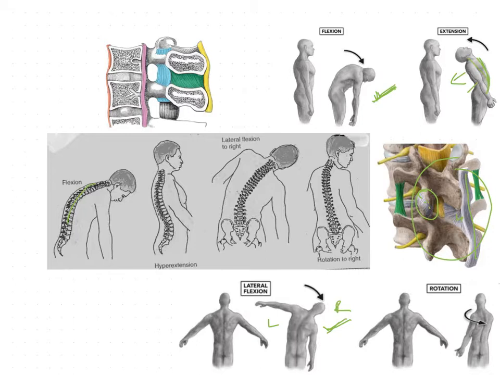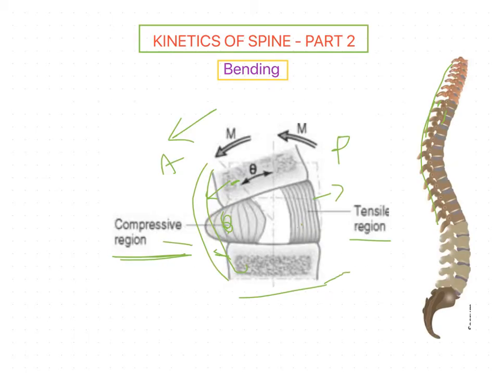Now we will see what will happen in extension. What is going to happen here? In extension, the superior vertebral body is bending posteriorly over the inferior vertebrae.